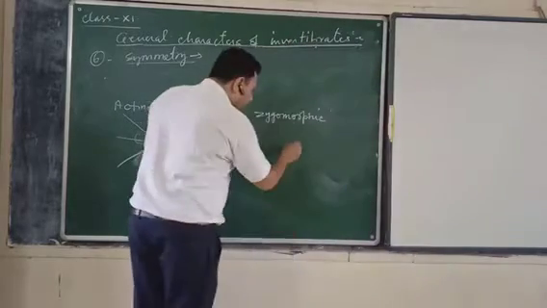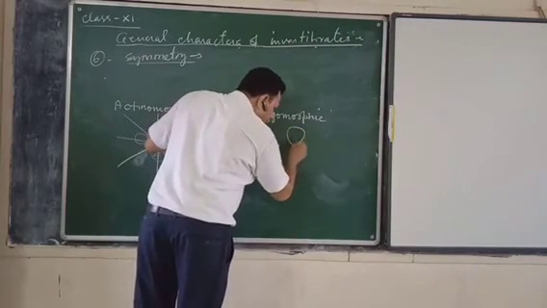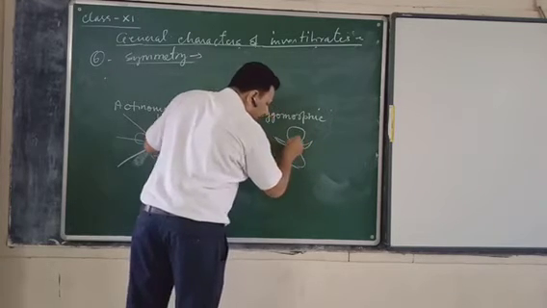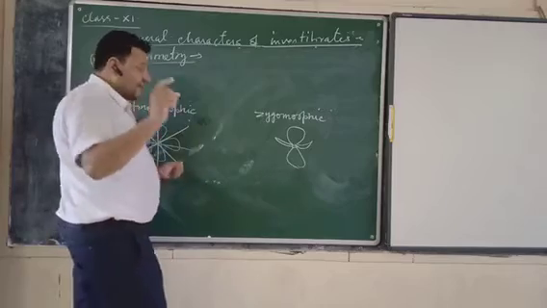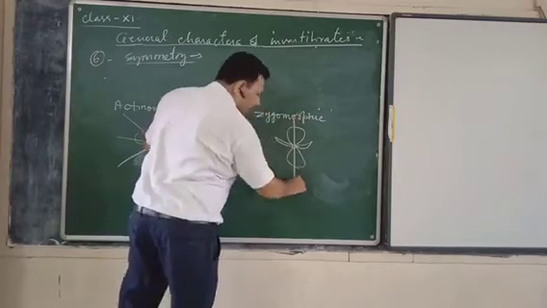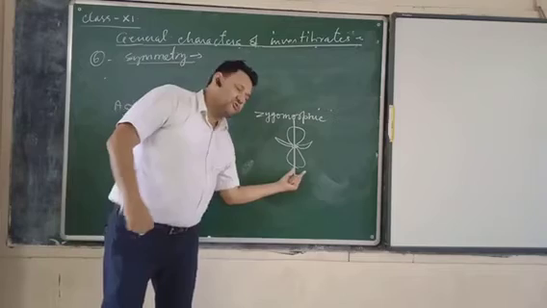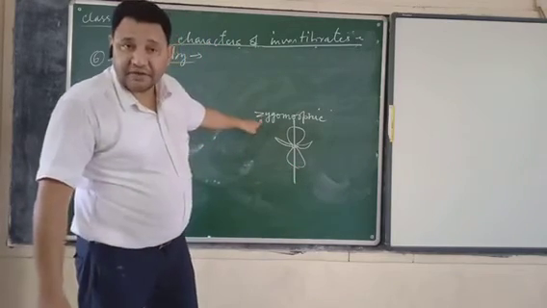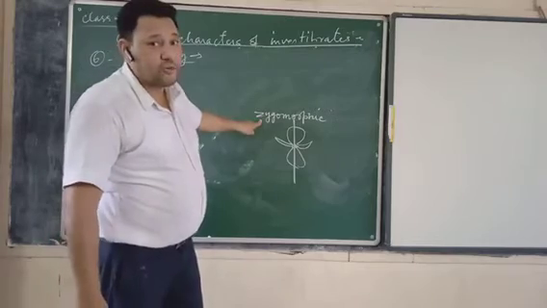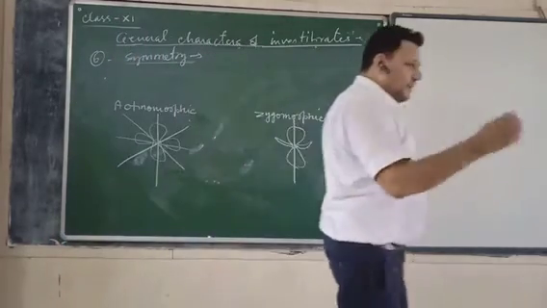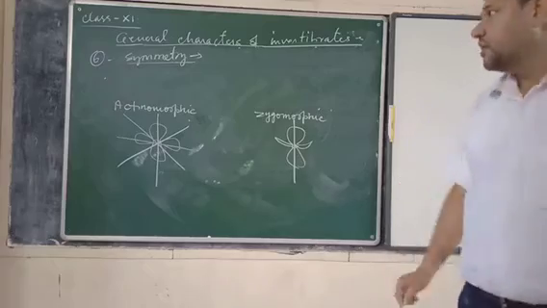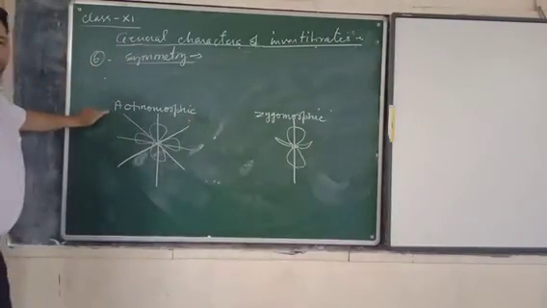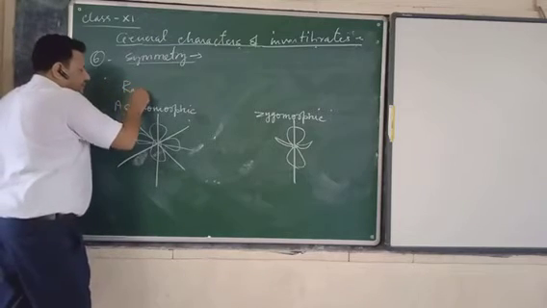And if only a single line passing through the center can divide this flower into two equal halves, this condition will be known as zygomorphic. The same terminology will be used when we are studying about the animals. This actinomorphic will be known as radial symmetry.